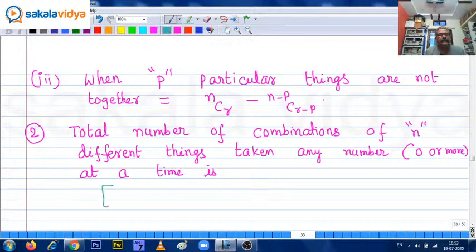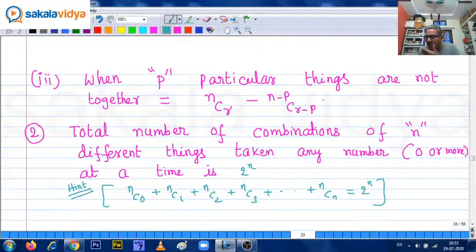That will be NC0 plus NC1 plus NC2 plus NC3 and so on up to NCN. From binomial theorem we know this is 2 power n. This is the hint.